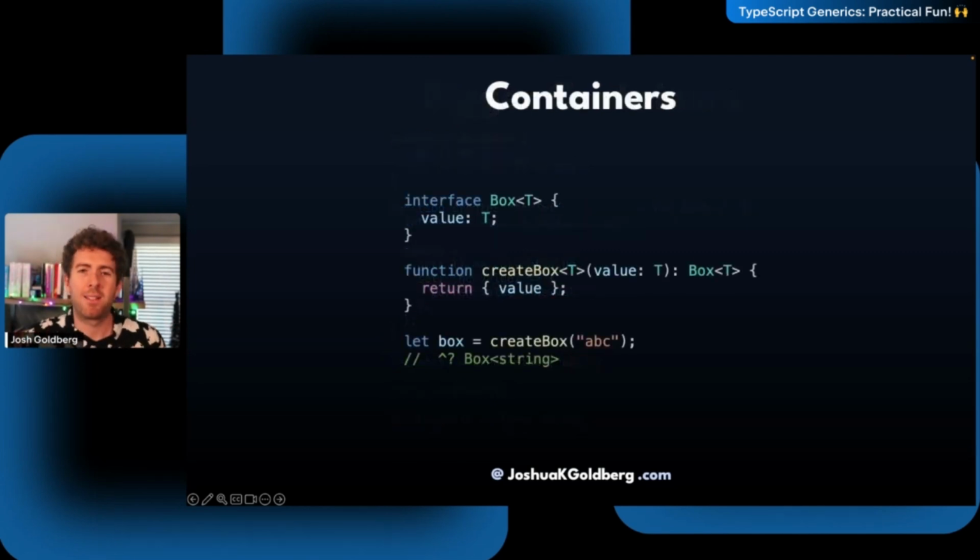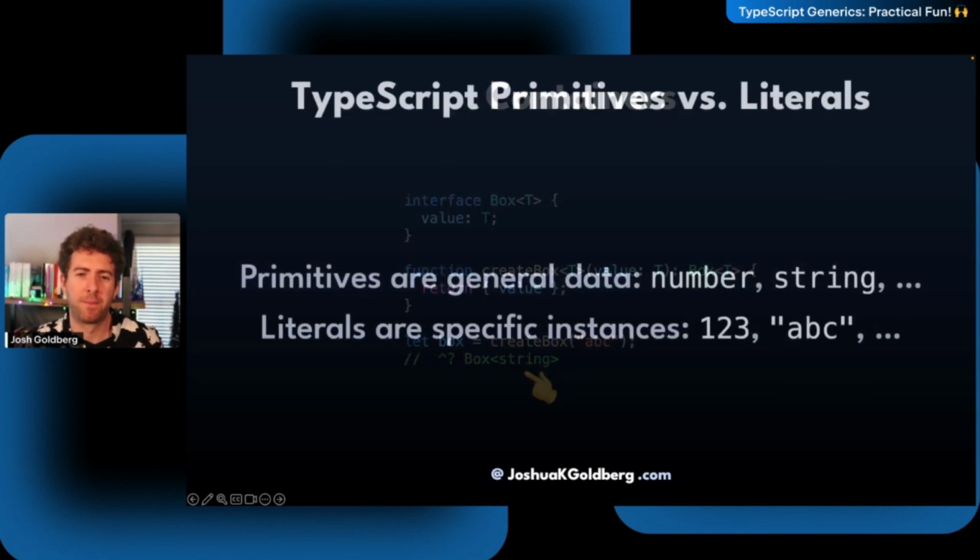But going back to this Box interface container, I actually want to point something out that I think is really cool. Notice how, although we passed in the string literal "ABC", we still got back Box of string as the inferred, meaning TypeScript figured it out for us, type of the box variable. That's actually really interesting and touches on some cool programming language theory, because there's a difference between the literal "ABC" and the primitive string.